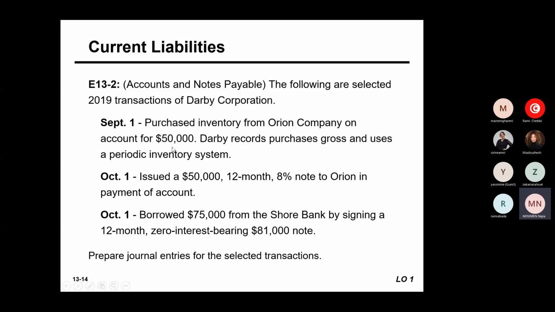Then: issued a 50,000 12-month 8% note to Orient in payment of the account. Borrowed 75,000 from Shore Bank by signing a 12-month zero interest bearing 81,000 note. You have to prepare the journal entries for the selected transactions. So let's do it quickly.